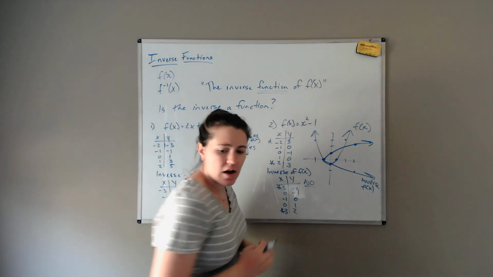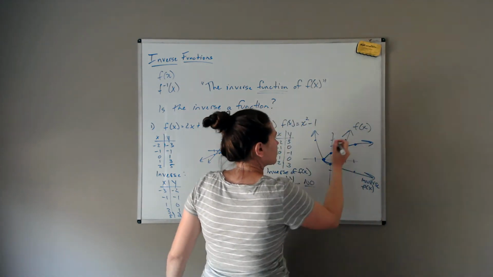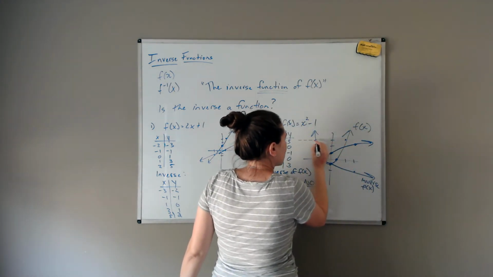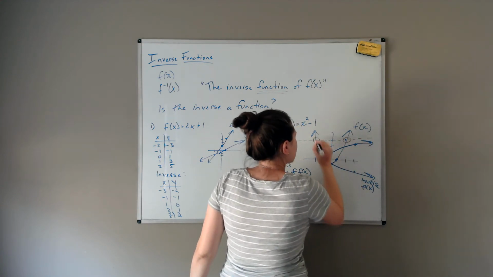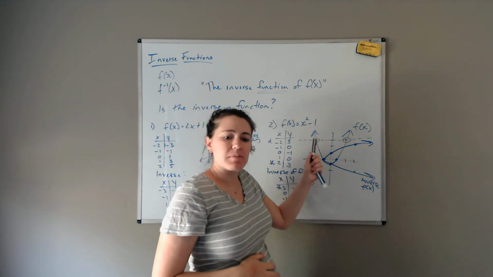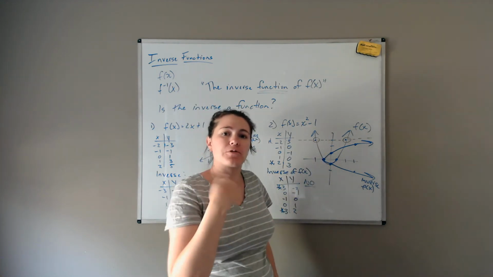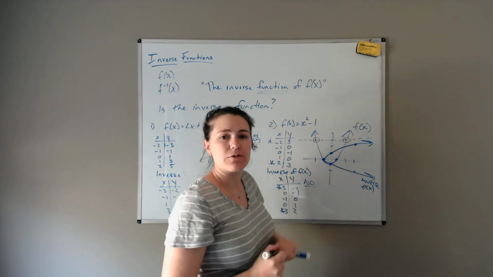So if I took a horizontal line through f of x, see how two different x's just gave me the same output of 3, that means for the inverse, an input of 3 is going to give me two different outputs, 2 and -2.